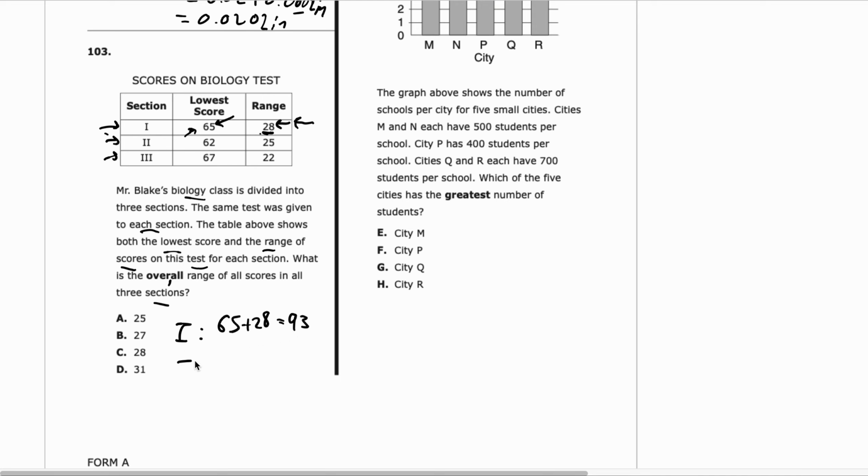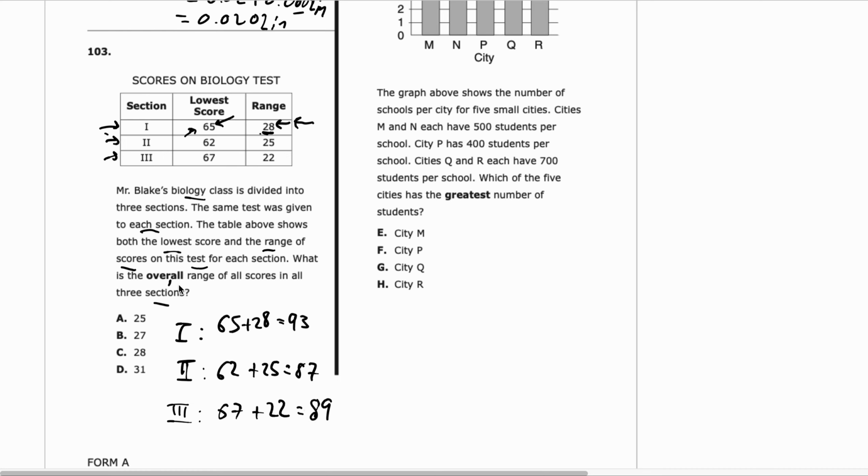Yeah. So then in section 2, the lowest score is 62 points, and the range of scores is 25 points. So the highest score must be 87. In section 3, the lowest score is 67, the range of scores is 22. The highest score must be 89.